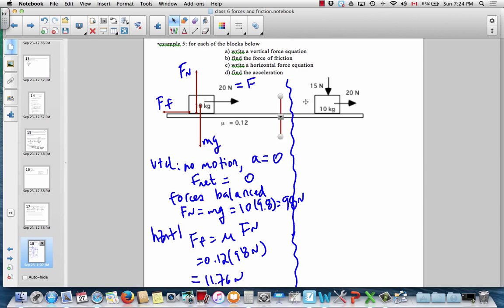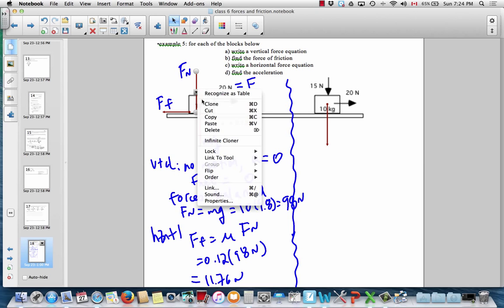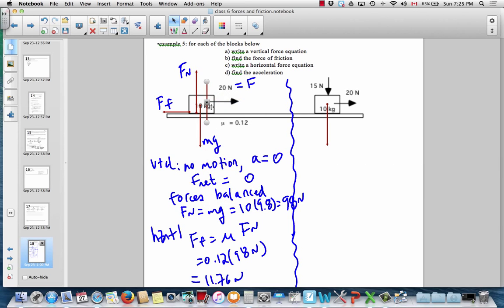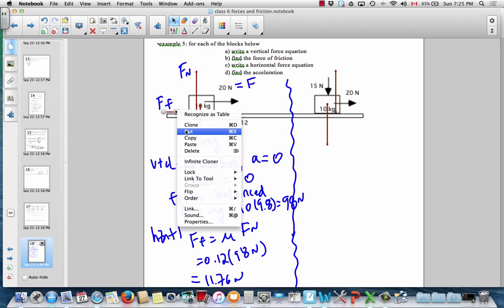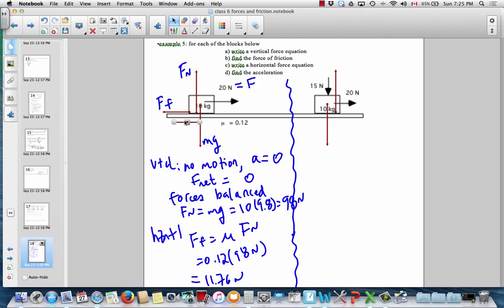So it's still the same block, so there's still the same mg force, okay? But because we're pushing downwards, the normal force is going to be quite a bit bigger than it was before. And because the normal force gets bigger, then so does the friction force. And then that's going to change the acceleration.